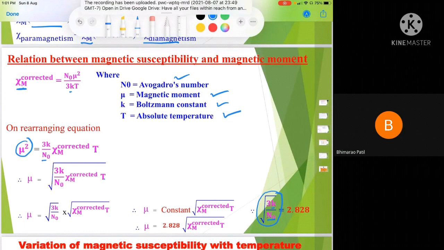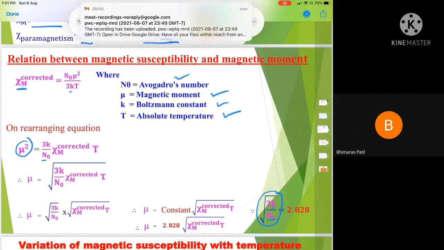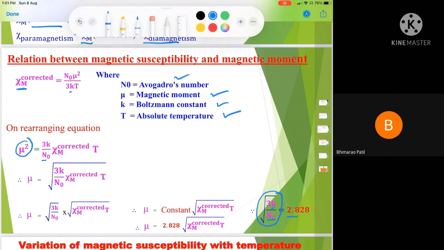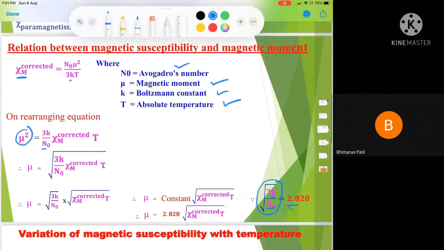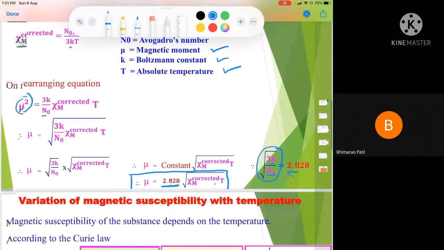The value of root of 3k upon N0 is equal to 2.828, and that value is a constant, and therefore the equation becomes mu is equal to 2.828 root of corrected molar susceptibility into T. You remember this equation for the magnetic moment and corrected molar susceptibility.